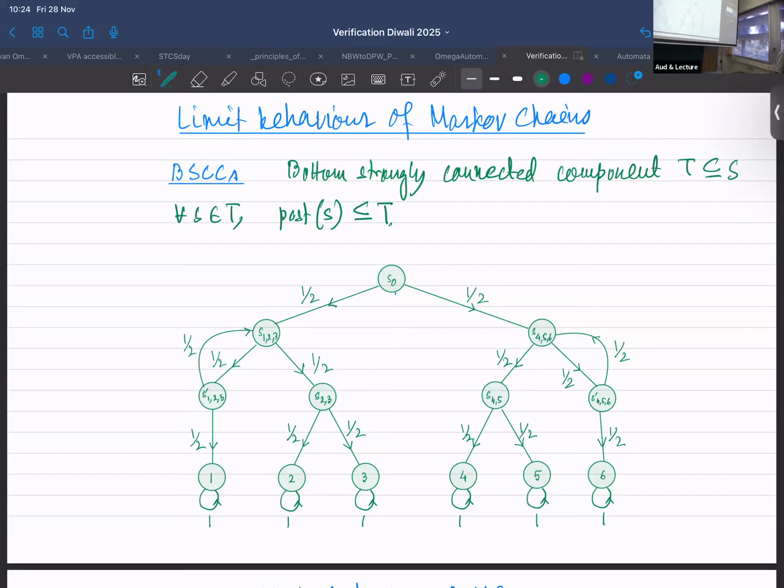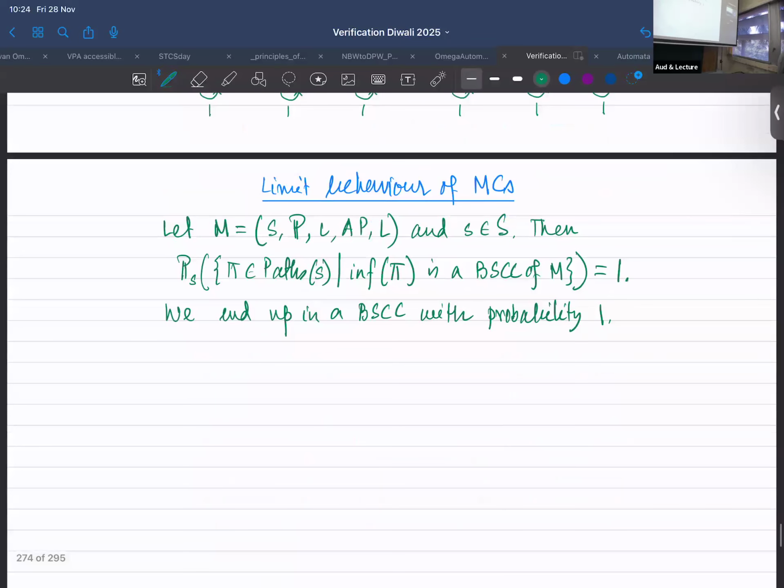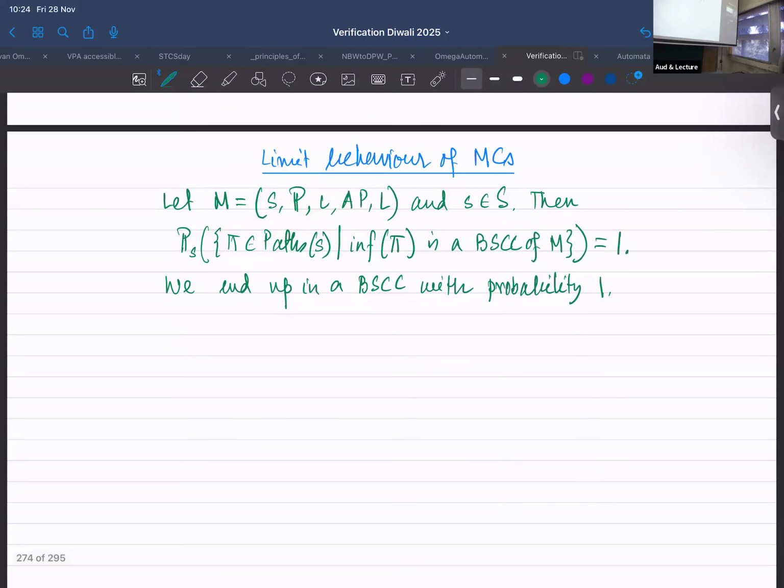So if you have this Markov chain, then with probability 1, the set of states which are visited infinitely often forms a BSCC.